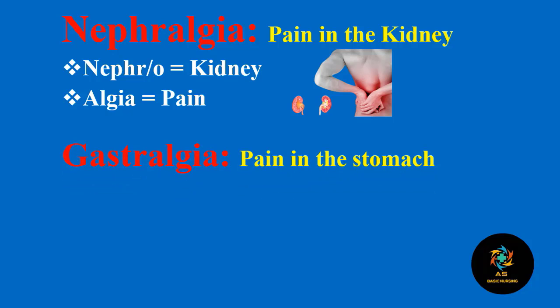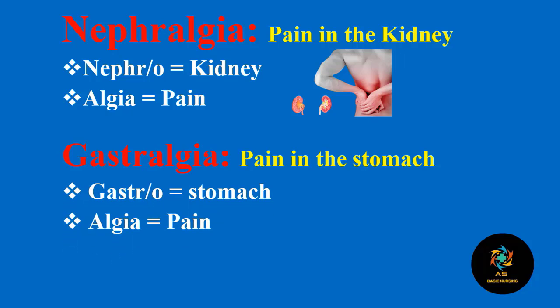The next example word is gastralgia. Gastralgia simply means pain in the stomach. Gastro meaning stomach. Let's be careful here. The o at the gastro here is actually a combining vowel. When the suffix begins with a vowel, there wouldn't be any combining vowel.